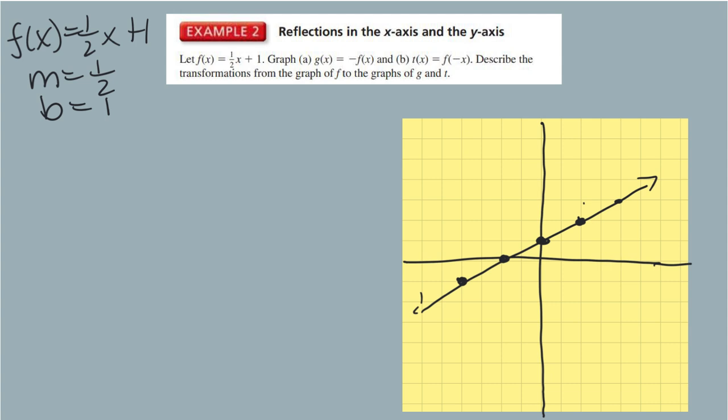I am going to just write it right here so you guys can see. This is going to be F. We're going to work now on A, which A is who? A is g of x equals negative f of x.